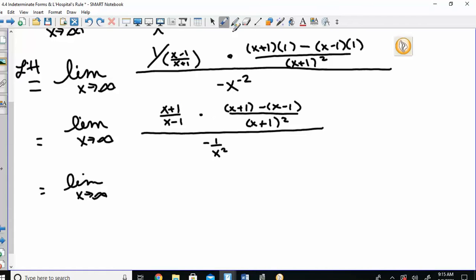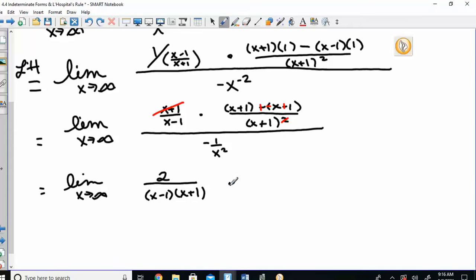I could cancel one of these x plus 1's out. So then if I distribute this negative, positive x and negative x cancel, so I have 2 over x minus 1 times x plus 1.